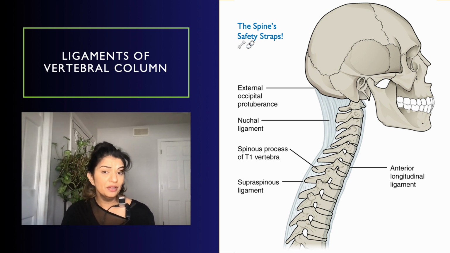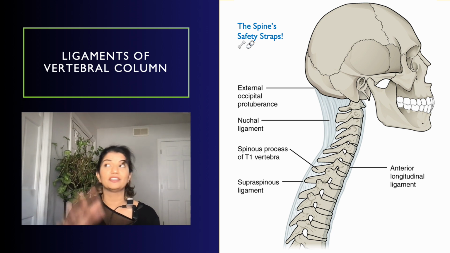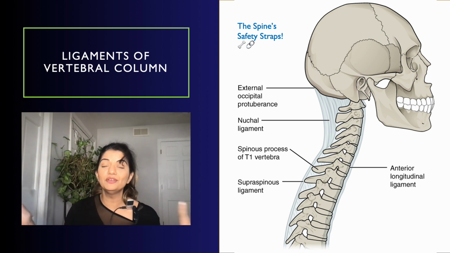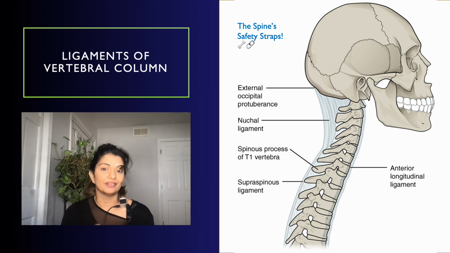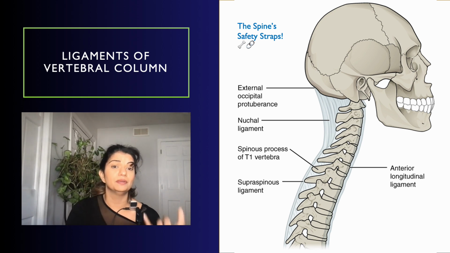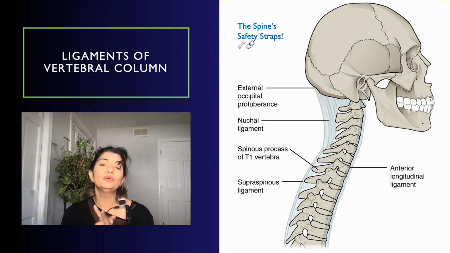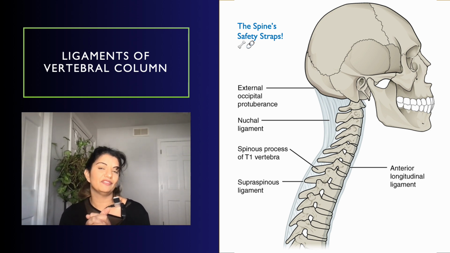Then we've got the posterior longitudinal ligament, because if you have anterior, there's probably a posterior, and that runs along the back of the vertebral bodies, and it's actually going to be inside the spinal canal. Now, this prevents us from bending forward too much, i.e. prevents hyperflexion, right?